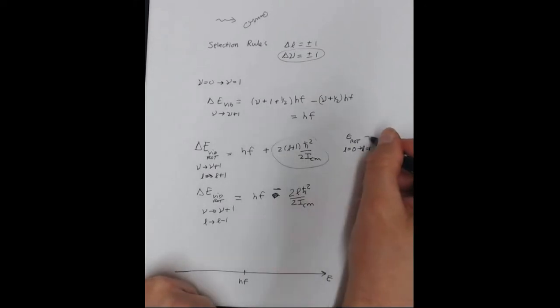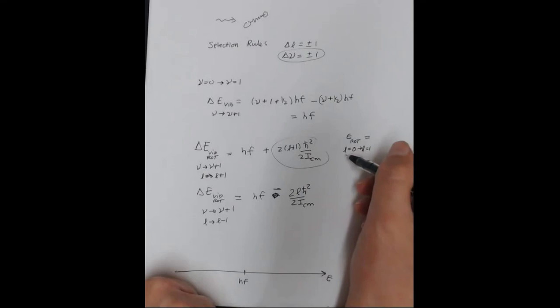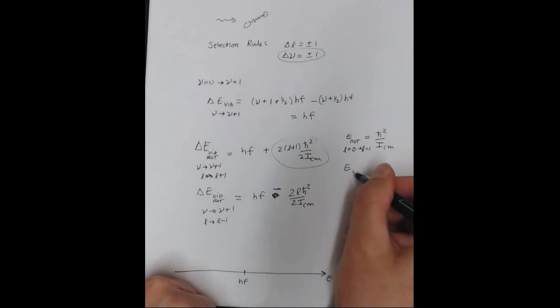What do we get for the change in rotational energy? And by the way, the L that's in the formula is the L you started with. So we get h bar squared over I center of mass. And let's look if we go the other way, with rotation going down.